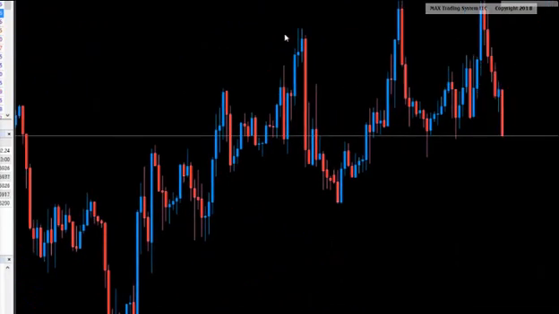Okay? And so by standard with MetaTrader 4, we have the 1 minute, the 5, 15, 30 minutes, 1 hour, 4 hour, daily, weekly, and monthly. And let's suppose we want to build the 8 hours time frame. So when we want to build a higher time frame, that higher time frame must always be built from a lower time frame.